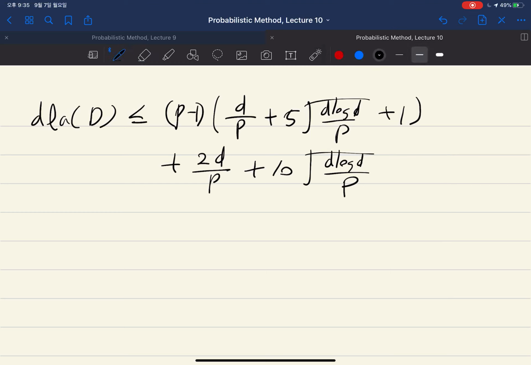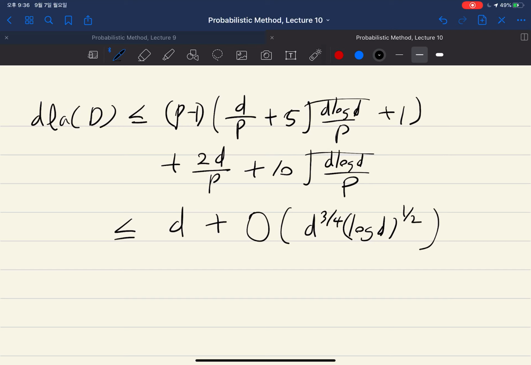So altogether, because p is between 10 square root of d and 20 square root of d, you can compute that this is just d plus big O of d to the 3 over 4 square root of log d. So this proves what we wanted.